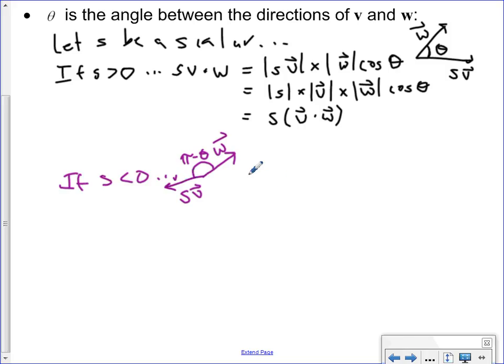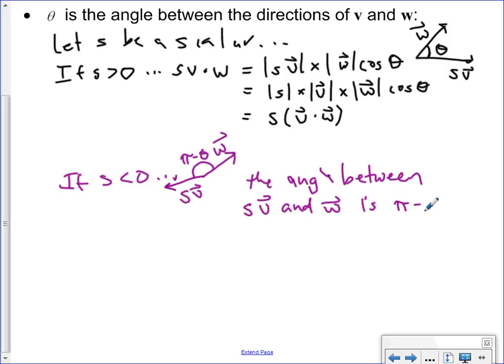And so the angle between SV and W is pi minus theta, and S is the same thing as the negative absolute value of S, because the scalar is going the other way. That would make the vector go the other way.